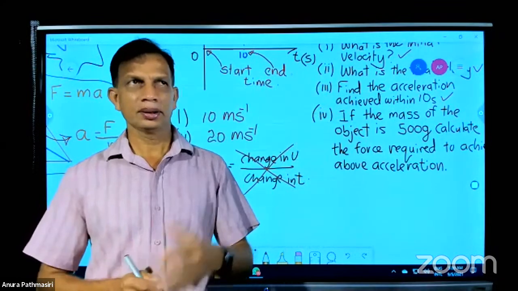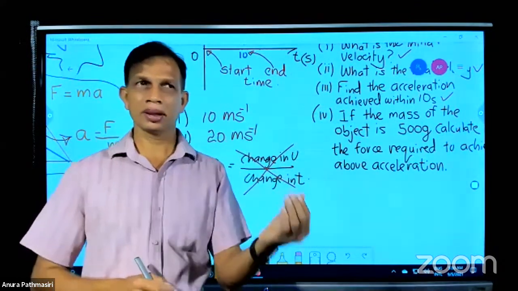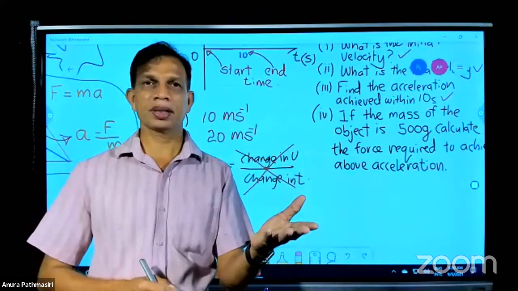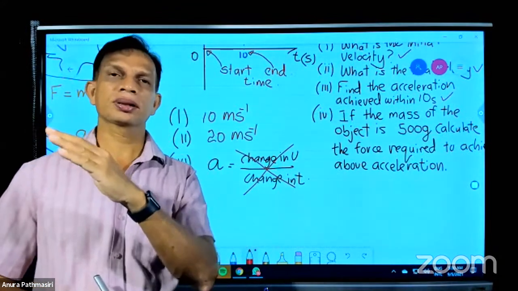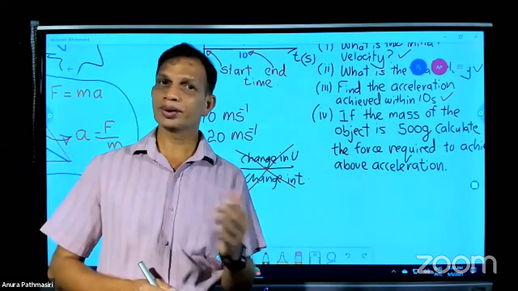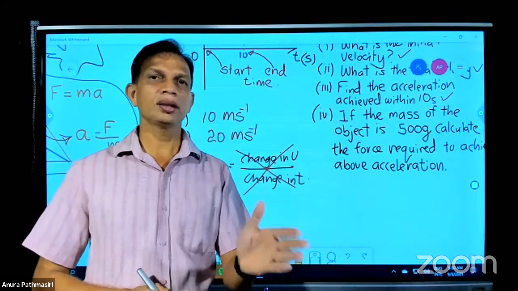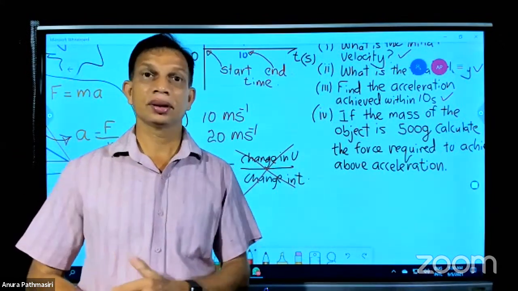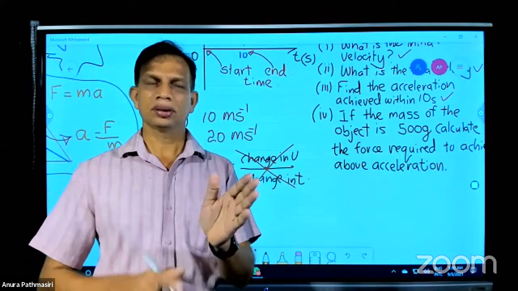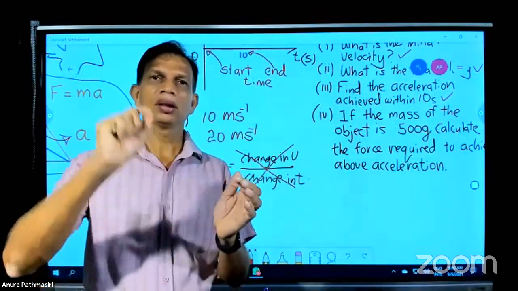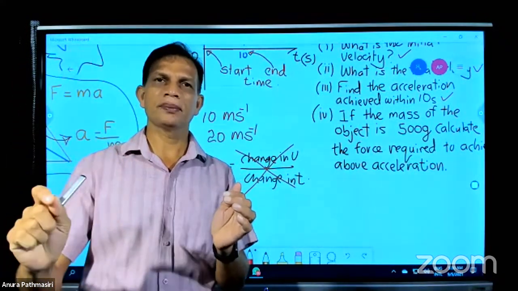For example, an object whose initial velocity is 20 meters per second increases its velocity up to 30 meters per second within 10 seconds. Then you can ask, what is its acceleration? There you write acceleration equal to change in velocity divided by change in time.